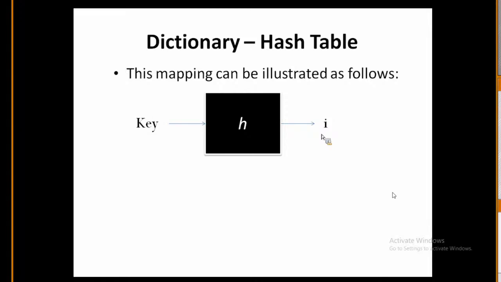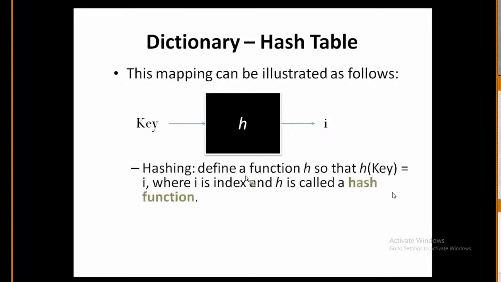Simply saying, define a function h, so that h of key, where key is this parameter, which when given to a hash function is going to result into i, where i is the index and h is for the hash function. So this key is given to a function which is going to result into a value. This is the simplest kind of explanation which we can give.